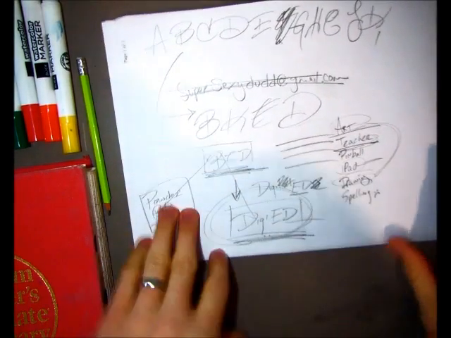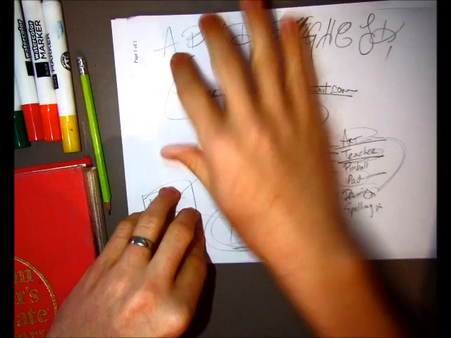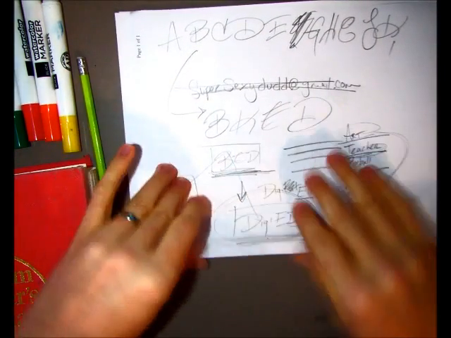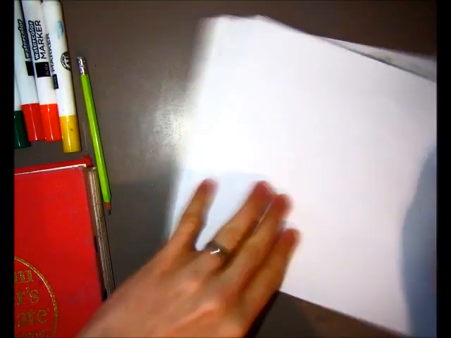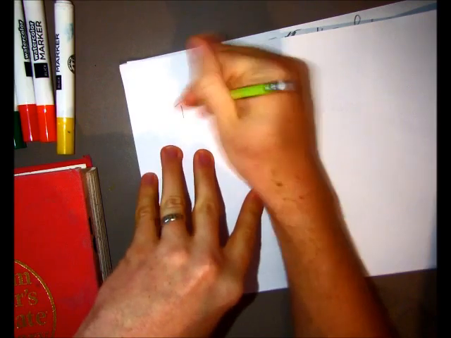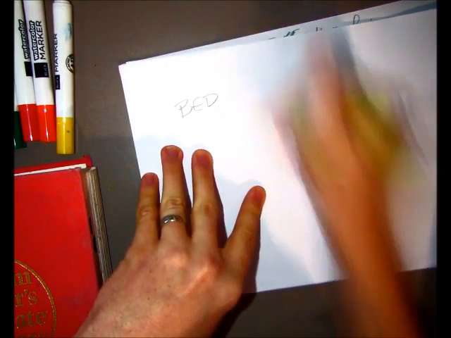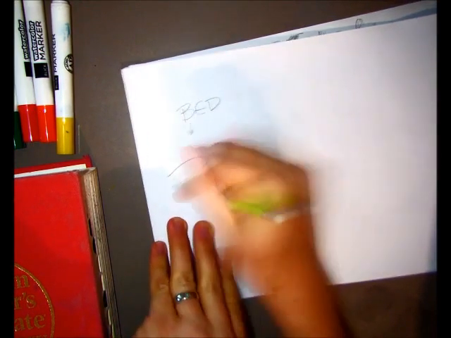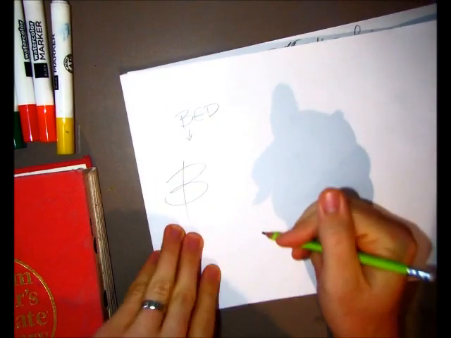Now, my final note is this. As you are practicing your letter forms, as you come up with your tag handle, you're going to start thinking to yourself, okay, so now that I know I am forever Bed, maybe I want to play with these letters a little more. Well, my letter B that I'm comfortable with is kind of this number 3 with a line. Well, that's kind of cool.